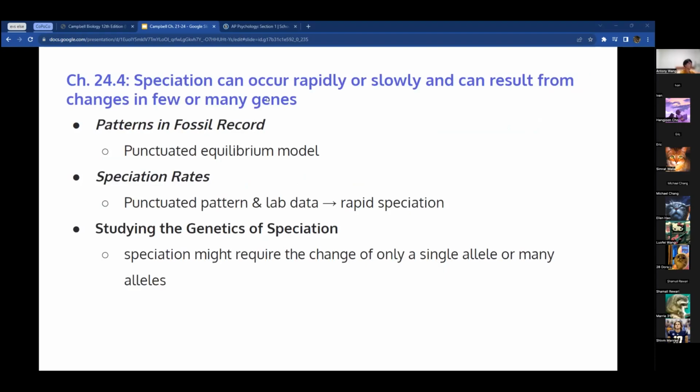Speciation can occur rapidly or slowly and can result from changes in few or many genes. Patterns in the fossil record. How do we date fossils?